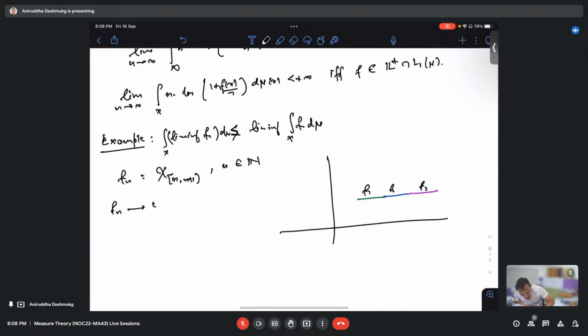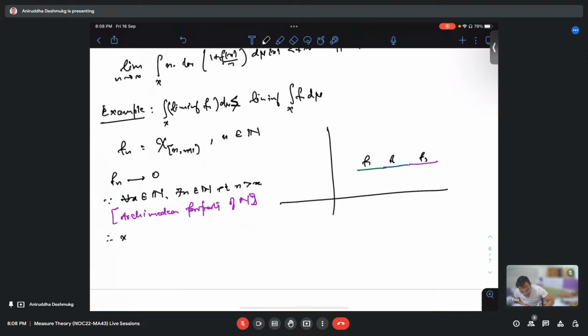So clearly f_n converges to 0, since for each x there is some n such that n is bigger than x. This is precisely the Archimedean property of natural numbers. Therefore x does not belong to any of these intervals after a certain stage, and hence f_n(x) is 0 after a certain stage.